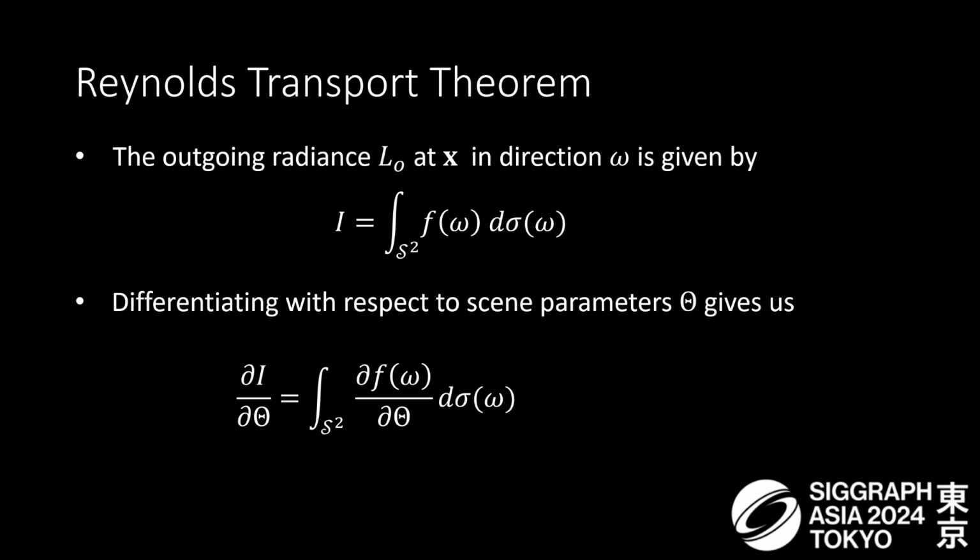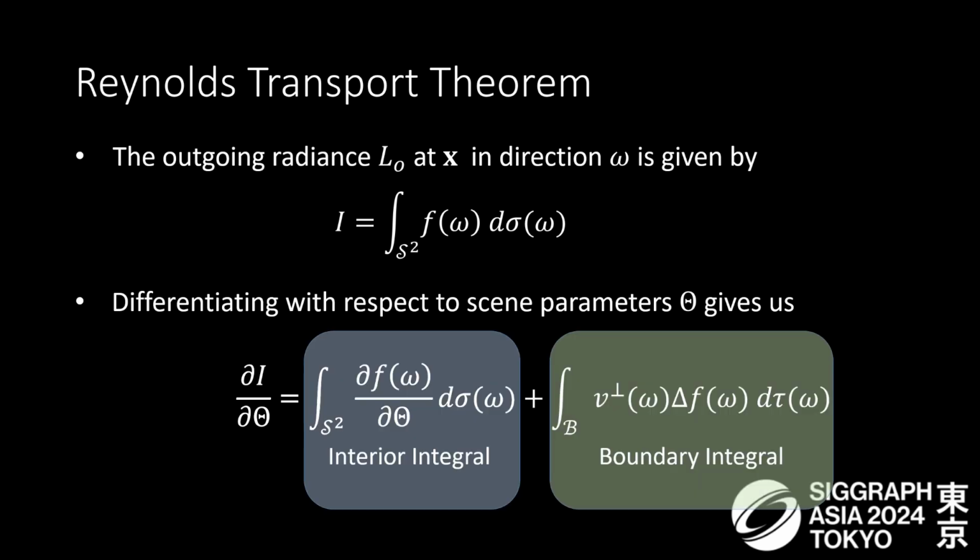But recall that since there are jump discontinuities, we will need a second term to explicitly handle these discontinuities. So here we have the boundary integral that integrates over the set of all discontinuities B, and this equation altogether is generally referred to as the Reynolds transport theorem.